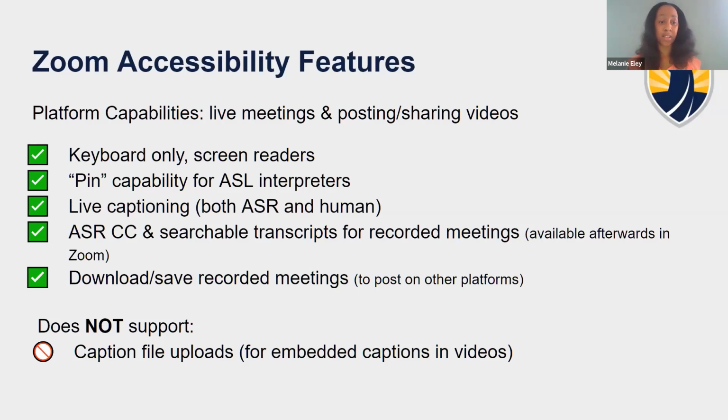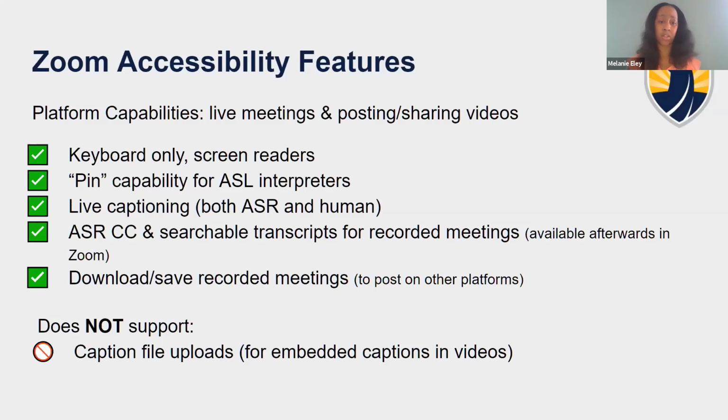Zoom also has ASR closed captioning and a searchable transcript within the recorded meetings. So if you record your meeting in Zoom and you make it available afterwards, students can go in and, as they're watching the video, they can turn on those ASR generated captions, and it will also produce a transcript. Again, great tool for being able to use as a study guide.